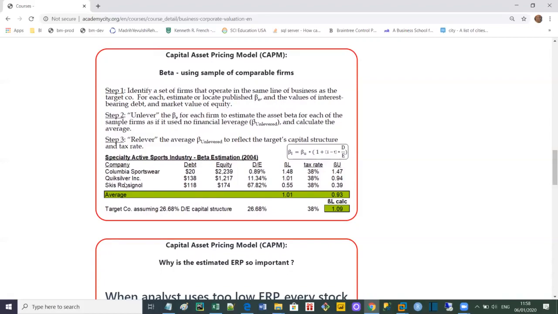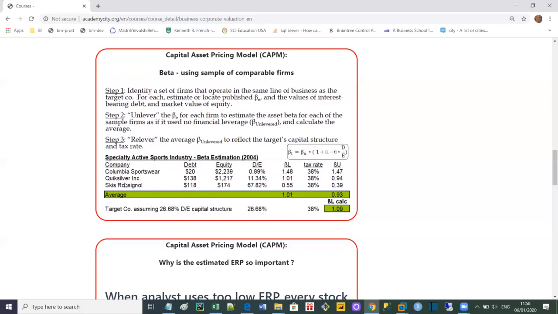The most advisable thing to do is to go into the 10K, the annual report of the company, and read about the company. Usually the company itself mentions companies that are similar to it. So that's a good source. Another way, if you don't have any clues, is to look at which industry the company is operating in and try to find from that list the most comparable companies.